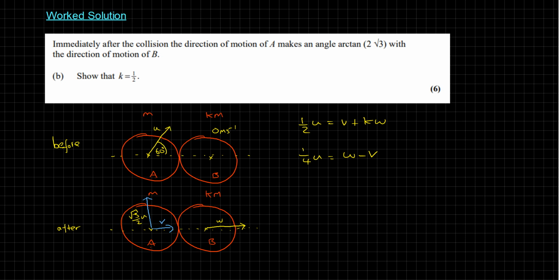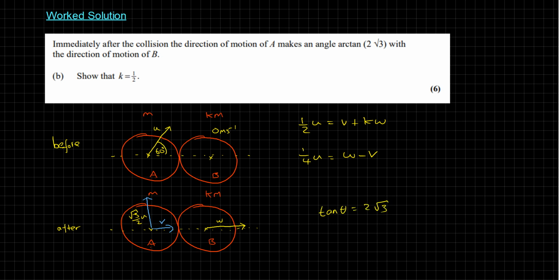Okay, and then we're told this angle, arctan 2√3. What does that tell us then? So the tan of the angle is 2√3.